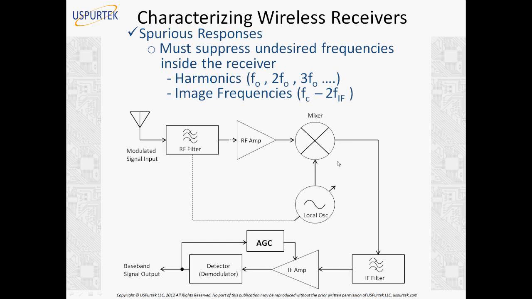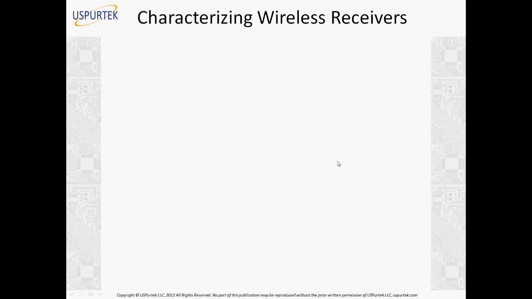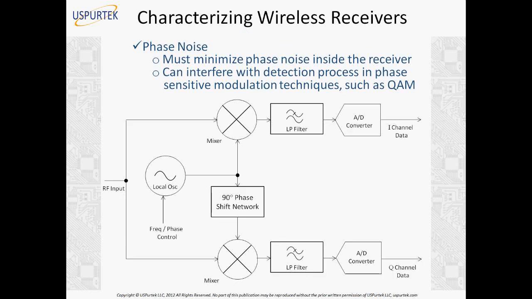Now, phase noise. When the signal propagates through space, or even when it travels through the RF filters and so on, there could be a change in phase. That is called phase noise. Phase noise becomes important for digital modulation techniques like QAM, quadrature amplitude modulation, which is used in wireless LANs, in LTE, and so many other wireless broadband technologies.